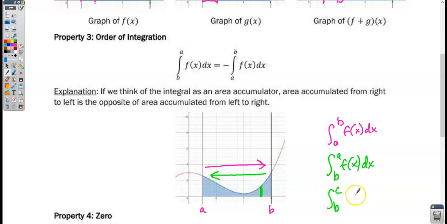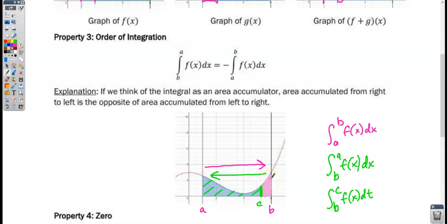And suppose we're trying to find the integral from b to c of this function. Well, the integral from a to c is this positive value here. And so taking the integral from b to c takes away this area here.